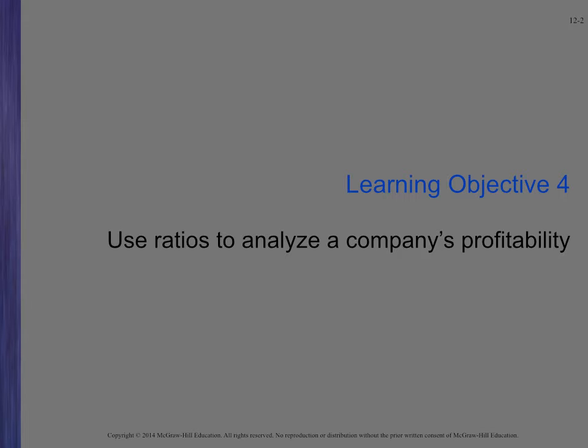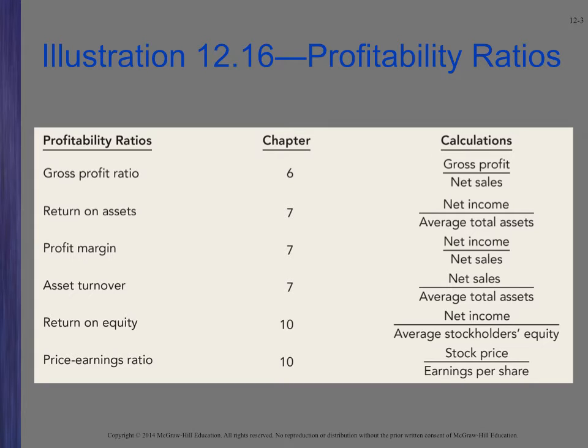In part 1 of my lecture we talked about risk ratios, and today we will be talking about profitability ratios. As you can see here in illustration 12.16, we summarize the 6 profitability ratios to examine, and then we will discuss the significance of each of them, and we will also discuss how to calculate them.